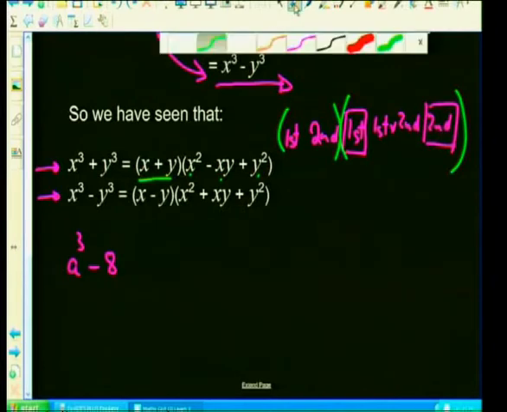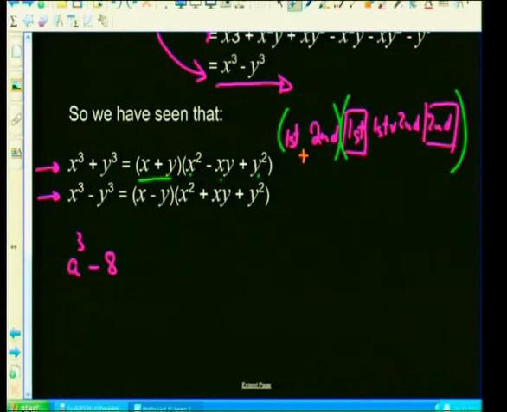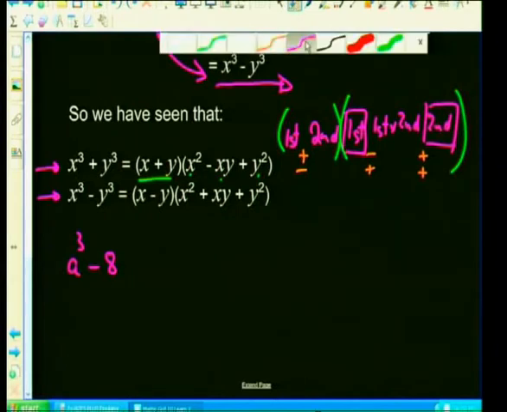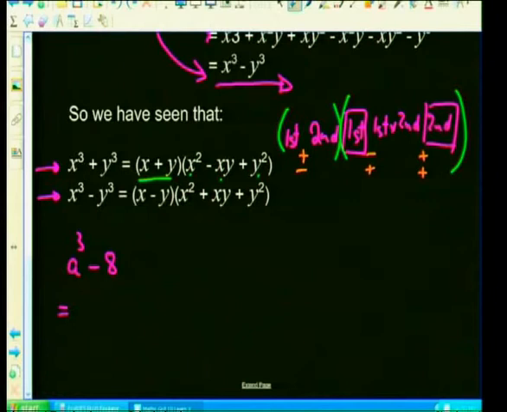But what about the signs? Well, if it's a plus, it's going to go plus, minus, plus. And if it's a negative, it's going to go minus, plus, plus. So, back to our example over here. A cubed minus 8. Small bracket, big bracket.